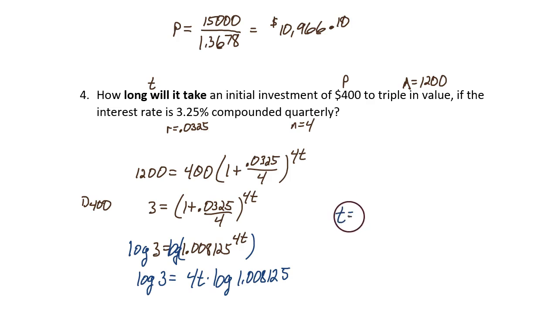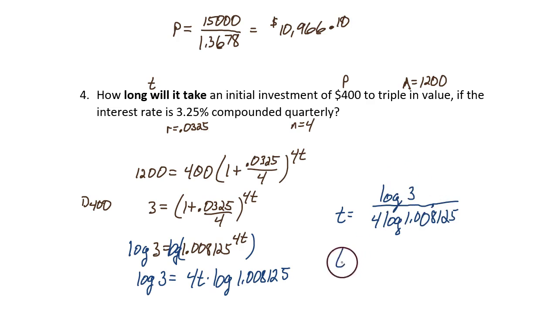We'll get t equals log of 3 divided by 4 log 1.008125. That's what you need to type in the calculator. When you're typing, be very careful to include that entire denominator in parentheses so that the calculator knows you want to divide by the 4 and divide by the logarithm part.